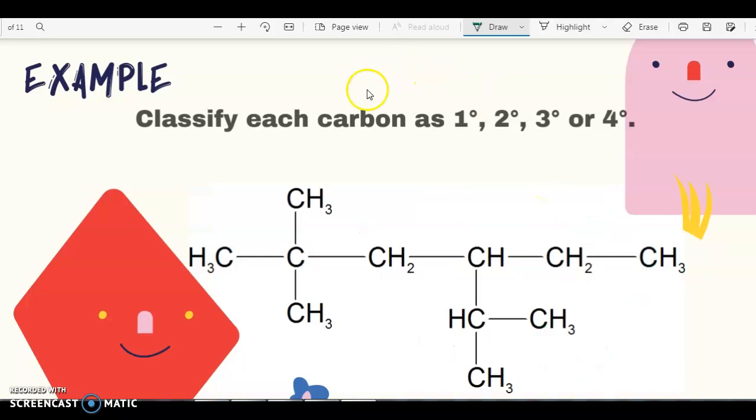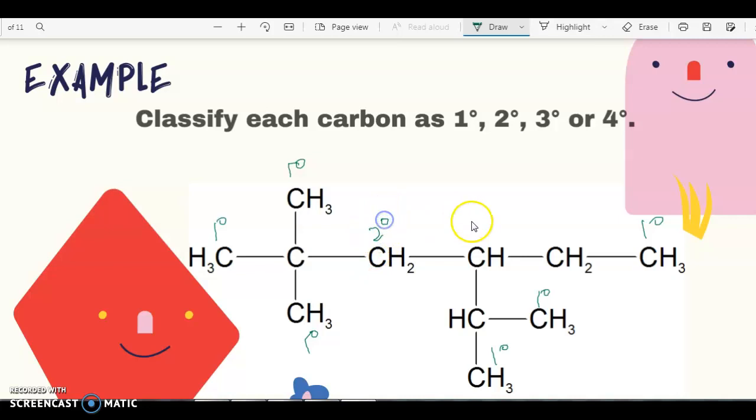Okay, same for this one, also primary hydrogen. Okay, last example: classify each of the carbons as primary, secondary or tertiary. So first, we look at CH3. All CH3 are automatically primary. Primary. CH2 has 2 hydrogens and the other 2 must be with carbon.